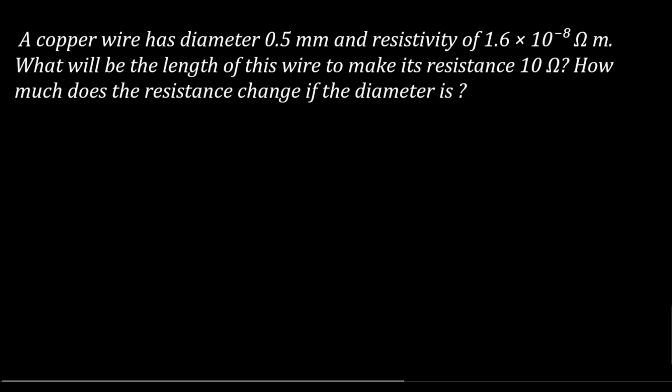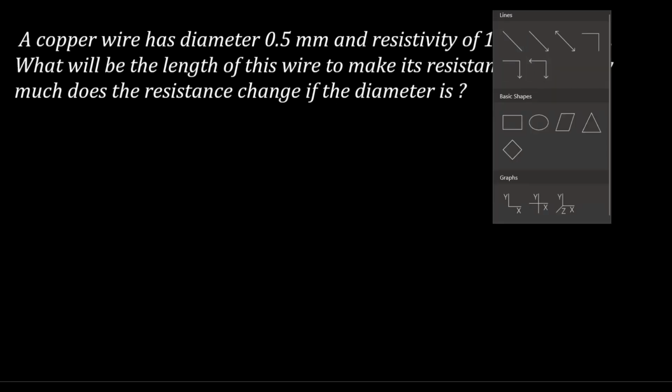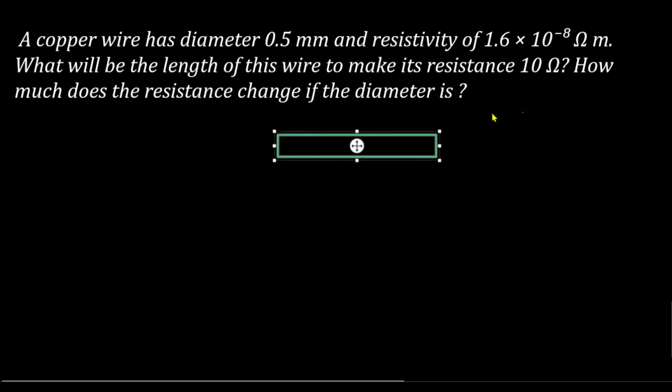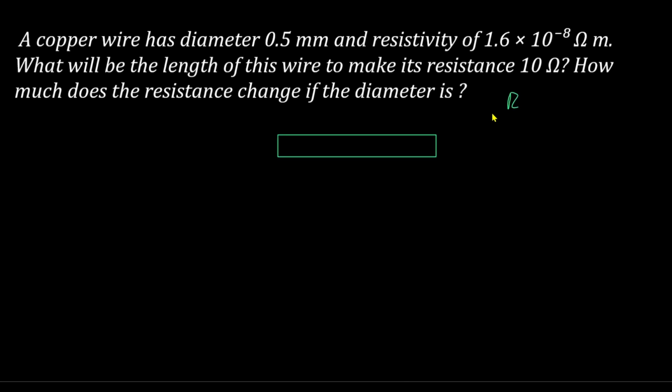In this question from the chapter resistivity, before we read the question, let me first explain the concept on which it is based. The concept here first is the relation, right? What we know is that R is equal to rho L over A. Rho is resistivity. R stands for the resistance, and L stands for the length of this conductor.